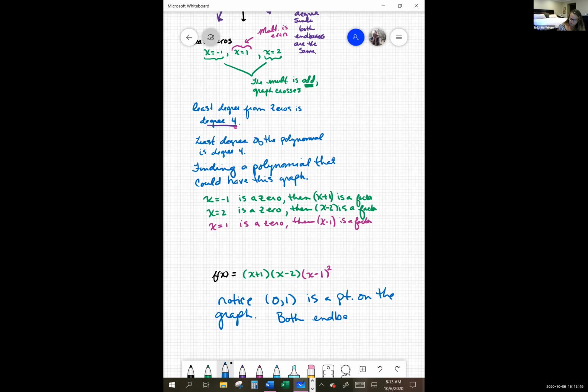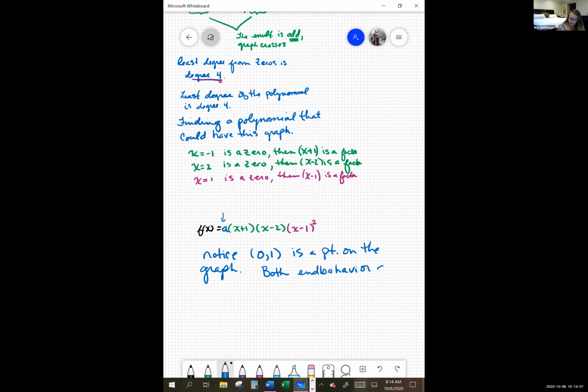But I think we'll see this when we solve for this number out here. So this could be any constant, and multiplied by this, we would have the same places that we crossed or touched the x-axis. And since both of our end behaviors shot downwards, that's telling me my leading coefficient has to be negative.